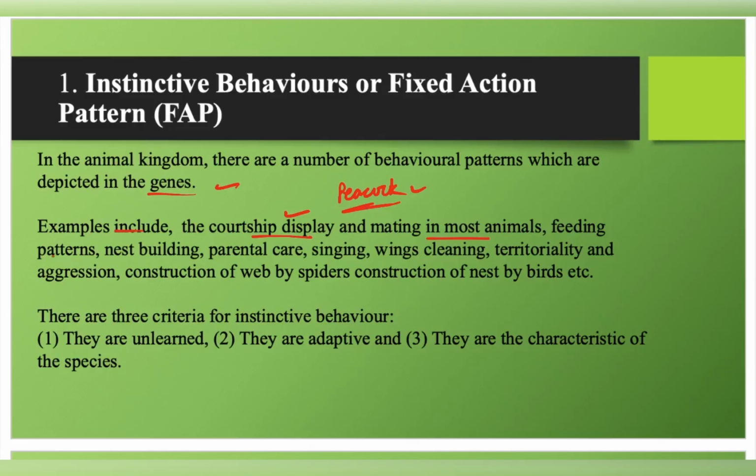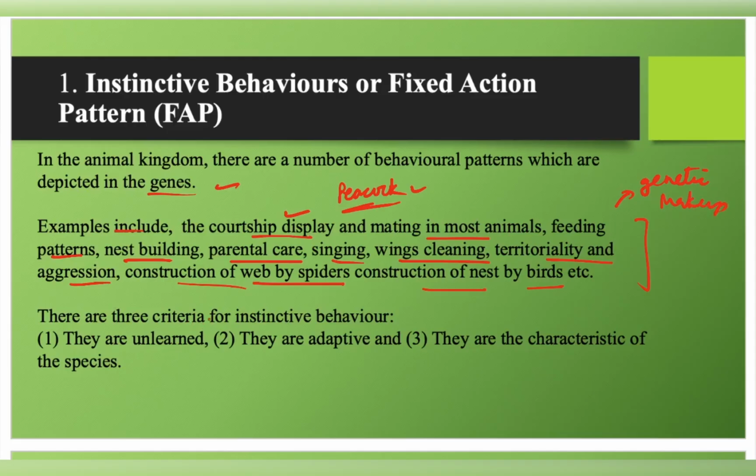The feeding patterns, the nest building, the parental care, singing, wing cleaning, territoriality, aggression, construction of a web by the spiders, and the construction of the nest by the birds. All these behaviors are not learned or practiced. These are the behaviors which are fixed in their genetic makeup. So they are called the instinctive behavior, right?